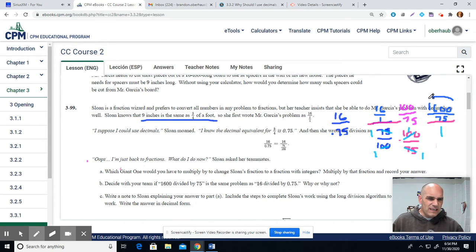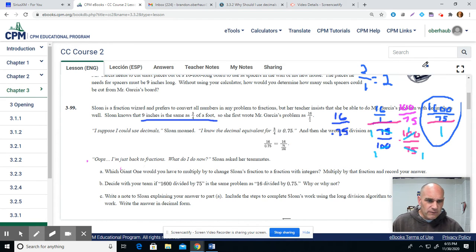Now, you might be saying, yep, this is still kind of ugly. I've got this fraction bar right here, and I still got a fraction on top and a 1 on the bottom. But anytime a fraction has a 1 on the bottom, it's just the top. Like if I was going to do 2 over 1, that just equals 2.